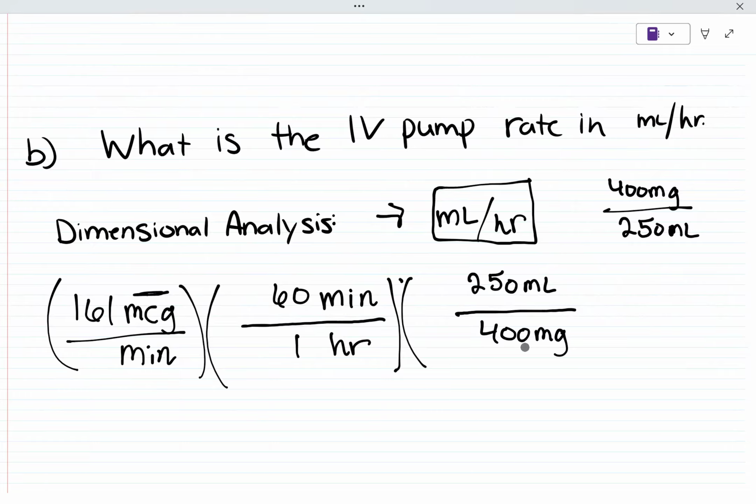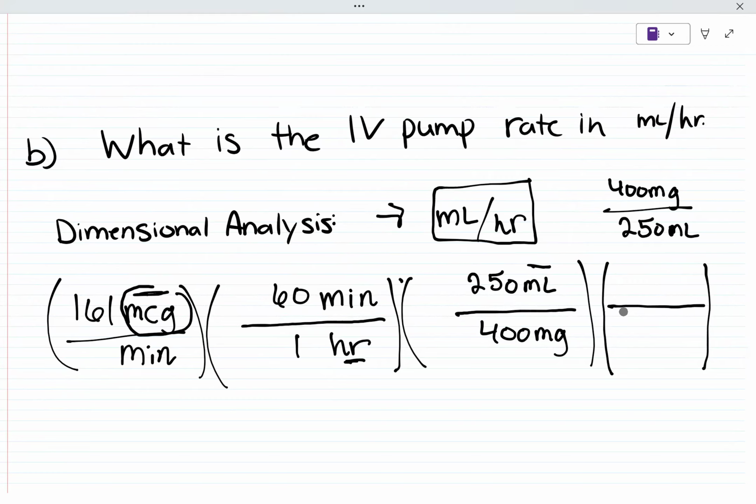Will this work? Not yet. You have milliliters on the top and we have hours on the bottom. That's good. But we still have a problem. We have this mcg. So you're going to have to use your conversion rate.